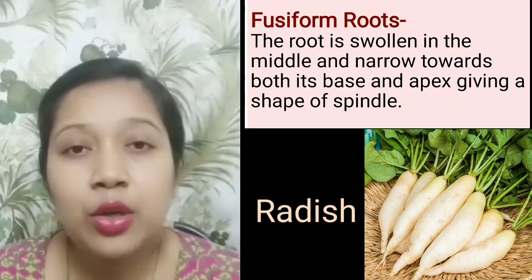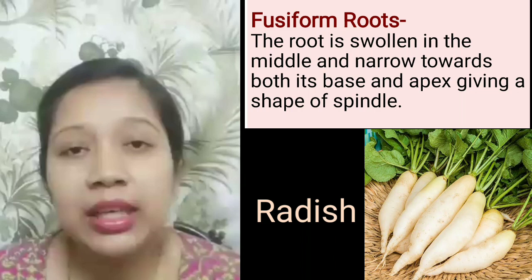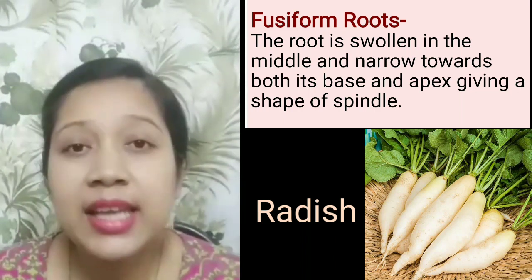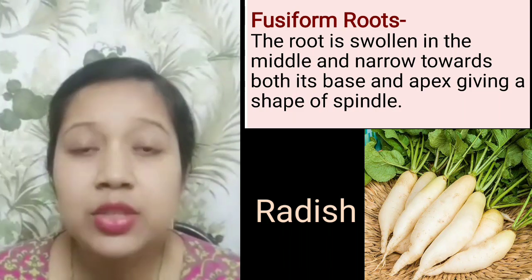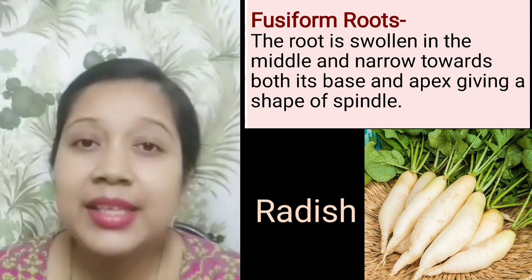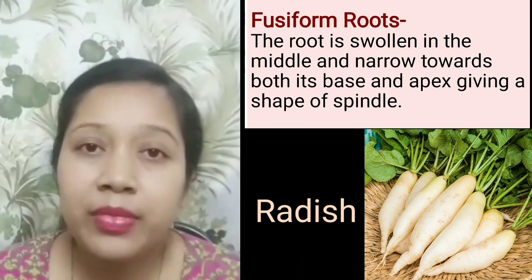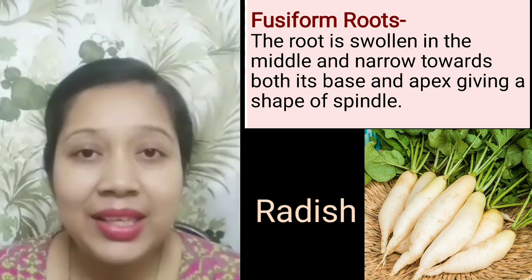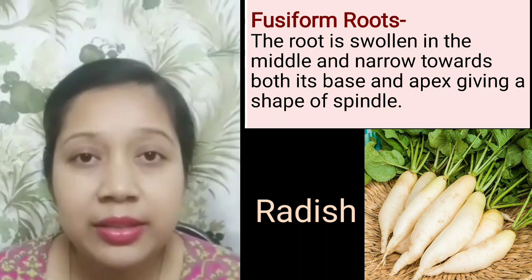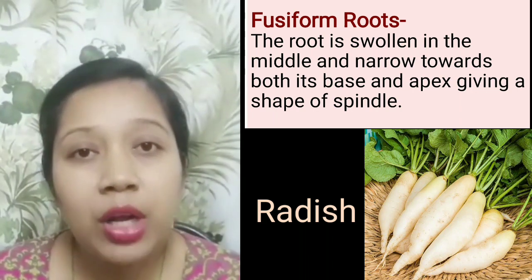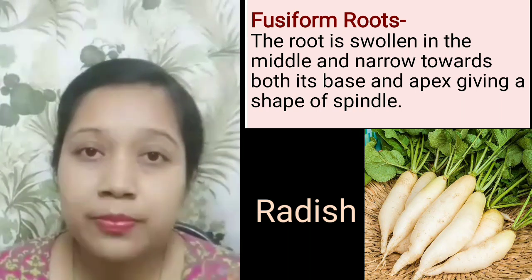So this lower part of the radish, that is towards the tip, which we also call the apical portion, is the part of the hypocotyl region from the embryo. Mainly because of the spindle shape, it is called the fusiform root.